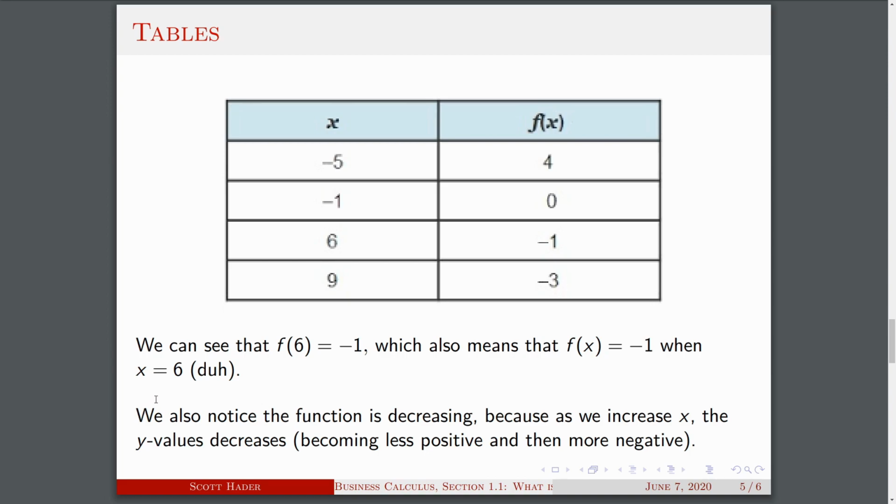It says here that the function is decreasing. We should probably say that it appears to be decreasing. Now, we only have a few x values here and their corresponding y values. We don't have all the x values. I don't know what f of x is when x is minus 3 or minus 2.5 or maybe square roots and stuff like that.